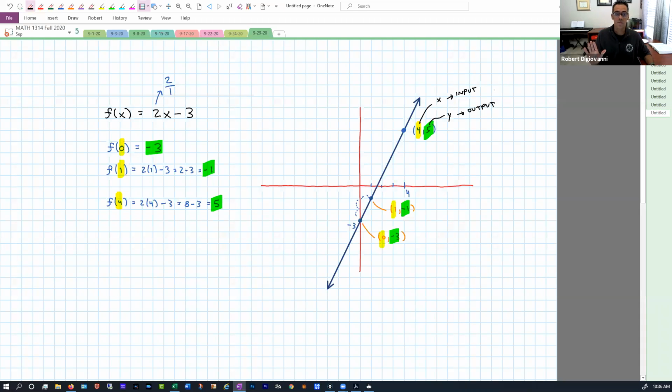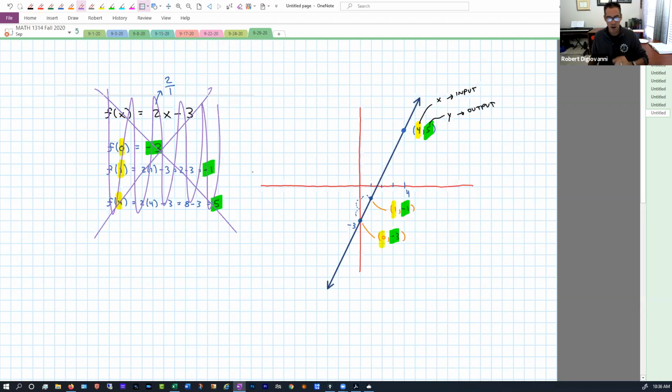Okay. Now, I'm not going to look at this right now. I don't want you to do anything with this right now. But I want you to look at the graph, and here's what I'm going to ask you. What is f of -1?